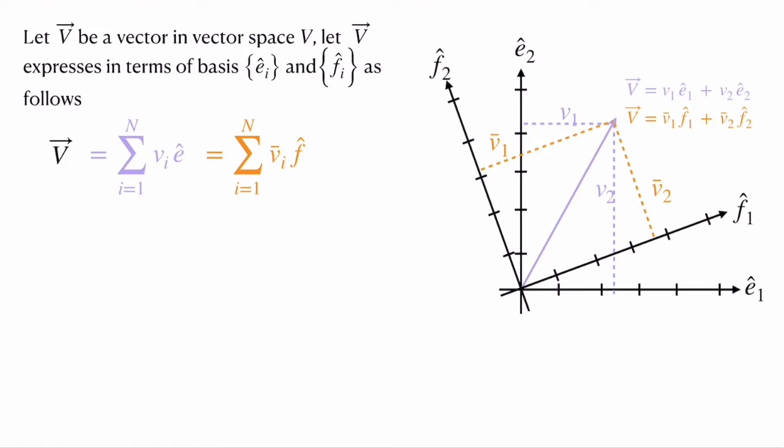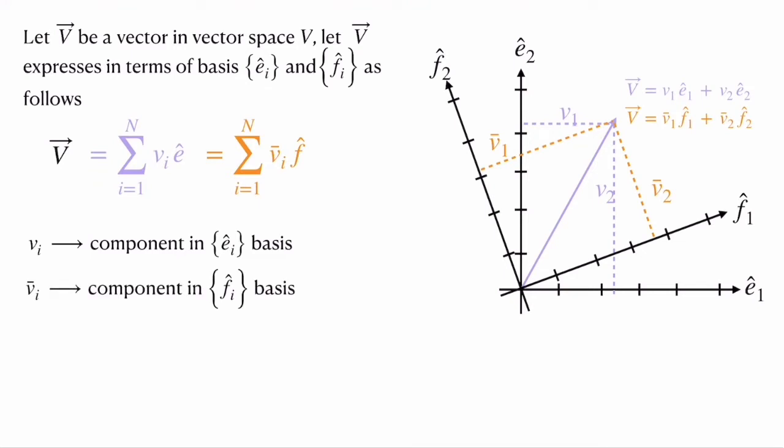That is in two dimensions, but in general it can be written in an arbitrary direction. So Vi are the components in the basis vectors Ei and V bar i are the components in the basis Fi. So the question is whether we can relate these two coefficients Vi and V bar i.